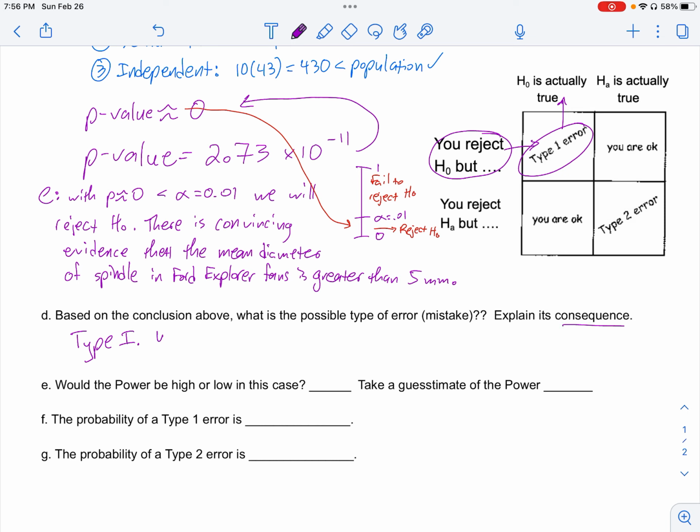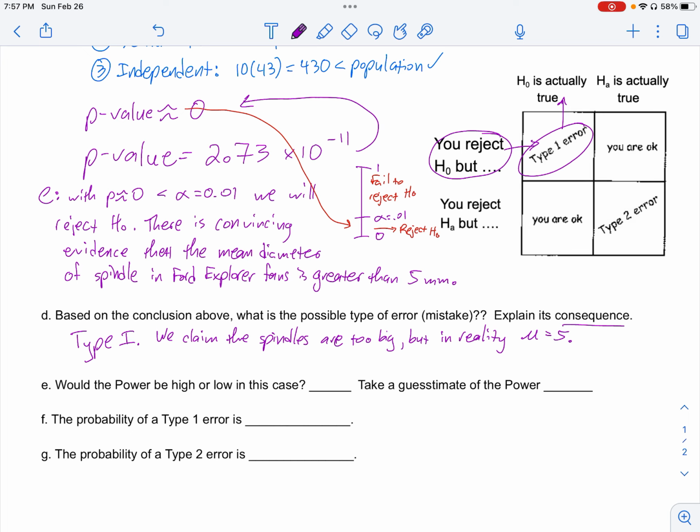So we claim the spindles are too big. We're rejecting that they're 5. We're saying that they're bigger than 5. We're saying they're too big, but in reality, mu does equal 5.